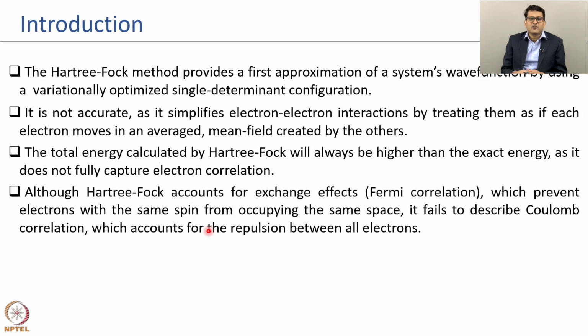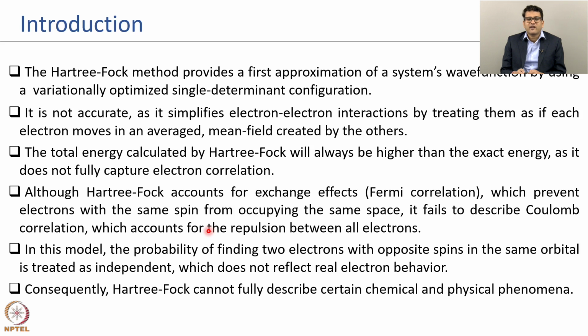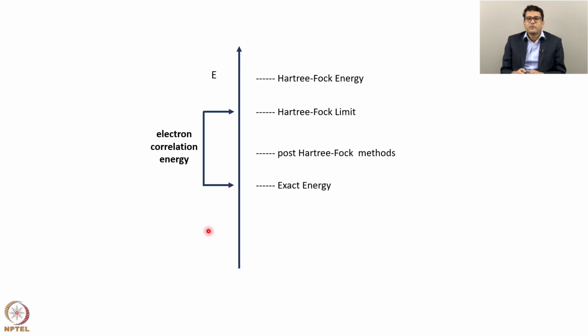But in the Hartree Fock picture, the probability of finding 2 electrons with opposite spin in the same orbitals are treated as independent of each other, which does not reflect their true behavior. So, this is the origin of what is called a correlation effect, and Hartree Fock cannot fully describe certain physical and chemical phenomena because of this average mean field picture.